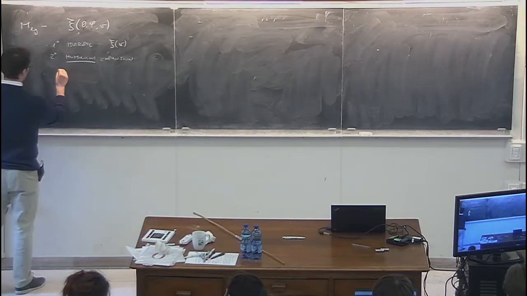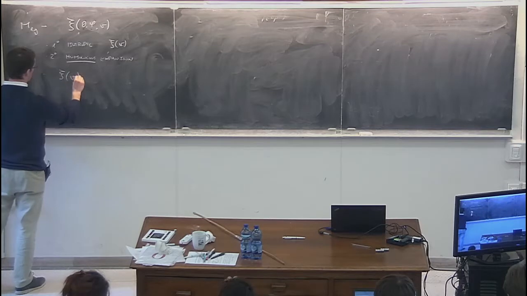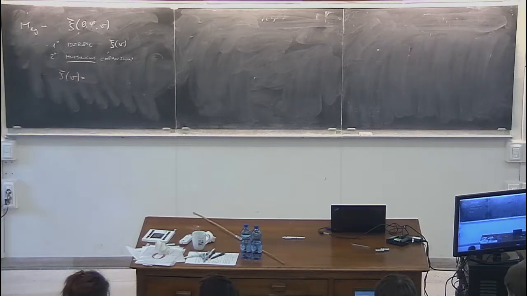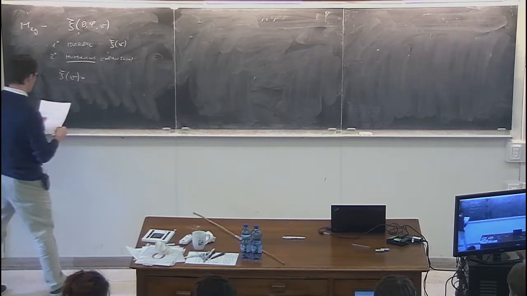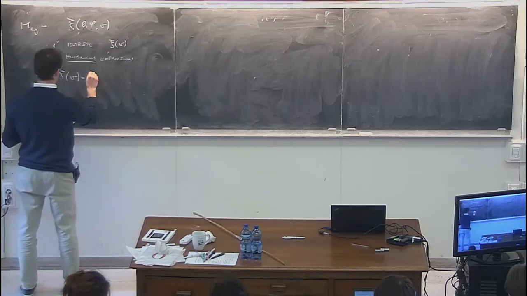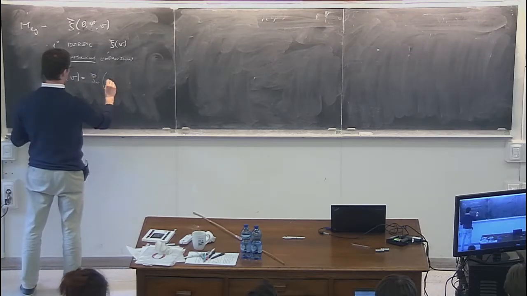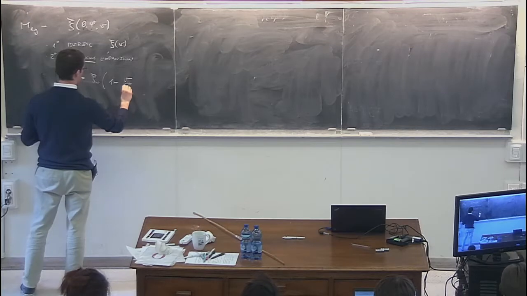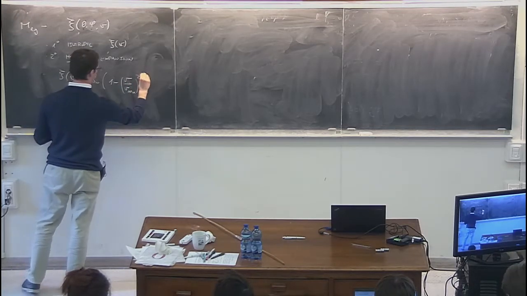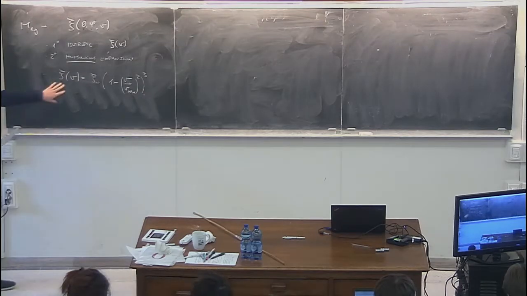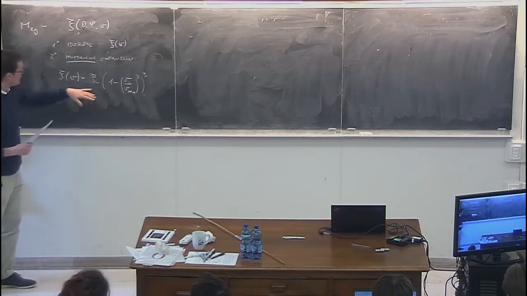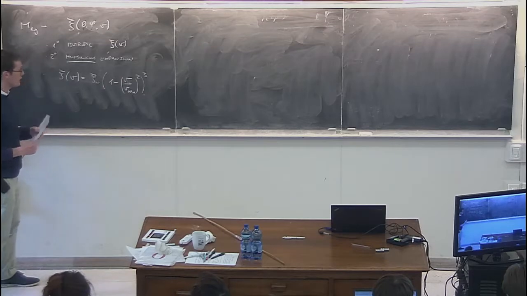So this means that, as I said, our xi is only a function of velocity, and if you want to fulfill the continuity equation, one of the ways is that it assumes this shape. So there will be a normalization factor, and then (1 minus v over v max) squared, cubed. This is the way in which the mass is distributed in the velocity space.